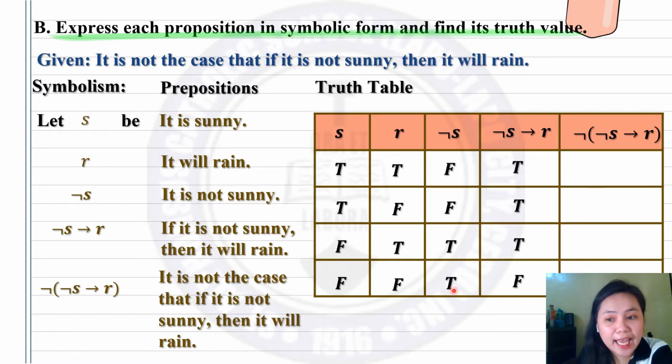If not S is true and R is false, its implication is false. And as we get the negation of the result in this column, the negation of this result is false, the negation of this result is also false, the negation of true is false, the negation of false is true.